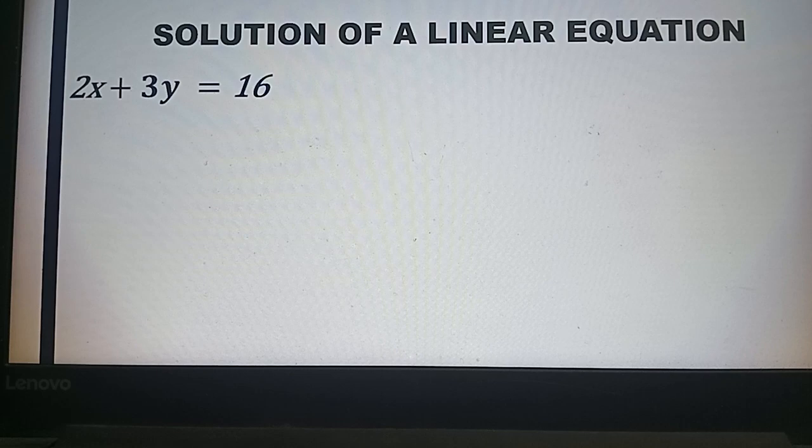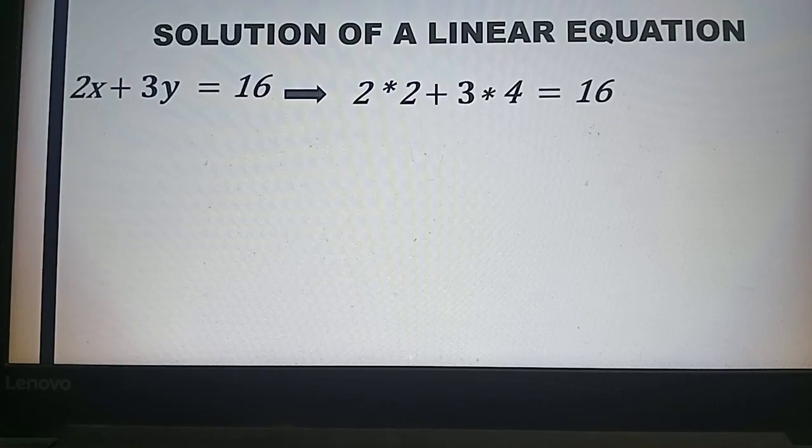See here, I can take the values of x and y as 2 and 4. When you write the solution of an equation, it should be written in brackets in the form of a pair, the x value and then the y value. So here x is 2, y is 4. So my solution will be (2, 4).